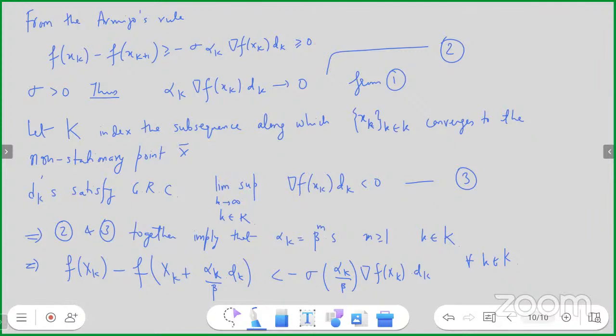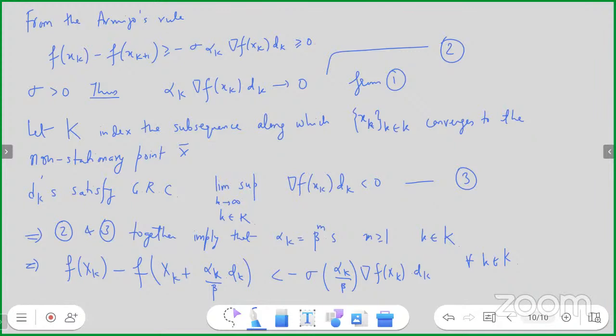And all of this makes sense because the gradient of f at the convergence points is also converging, right? So I can take the limit that xk goes to x bar. So what do you essentially end up looking like? It is gradient of f at x bar times dk by norm dk.